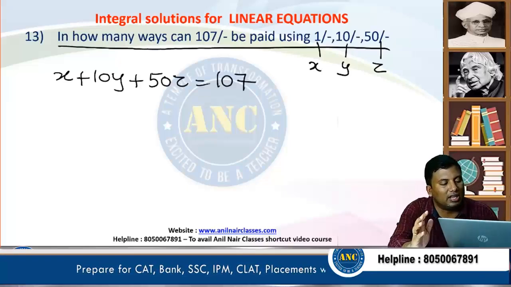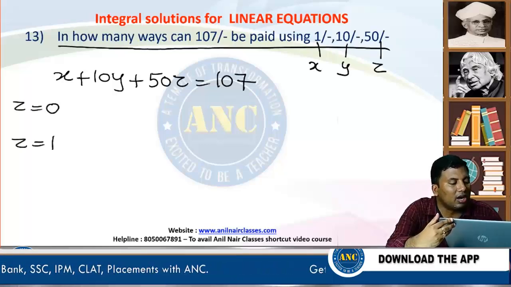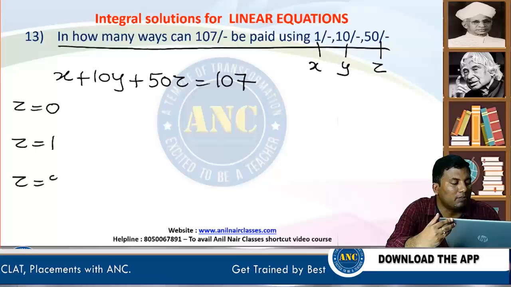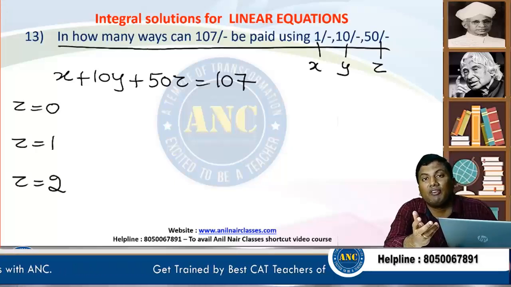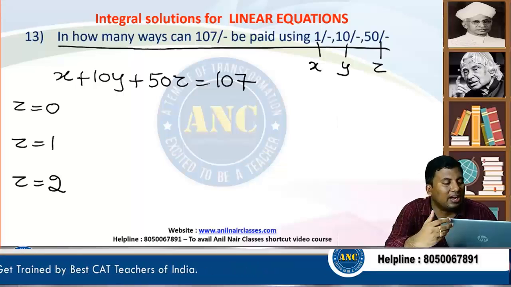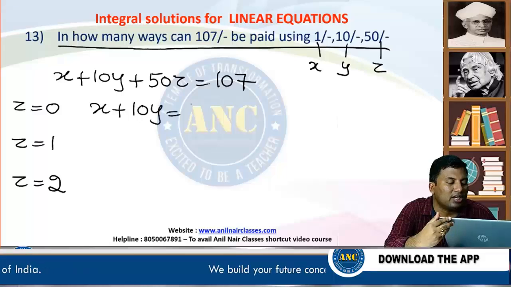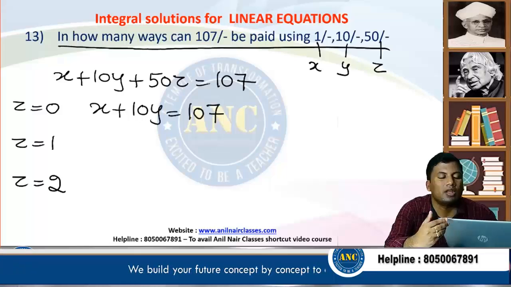Is this equation clear? Just by looking at the question, I can say the z value cannot take more than 2, because if z takes 3, 50 into 3 is 150, which is greater than 107. Take z as 0. So x plus 10y is nothing but 107.